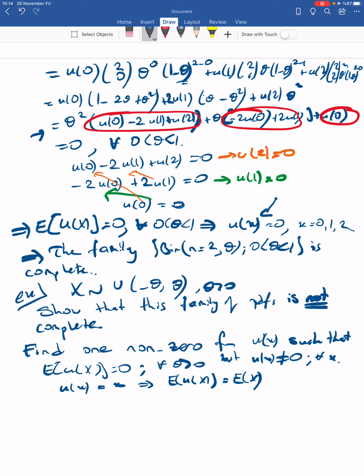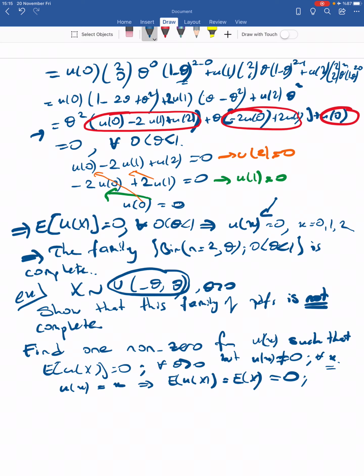We have a uniformly distributed random variable in this range, so the mean will be 0. When we choose the function u(x) as x, although x is different than 0 for possible values of x, we obtain this expectation as 0. So this means that this family is not a complete family.